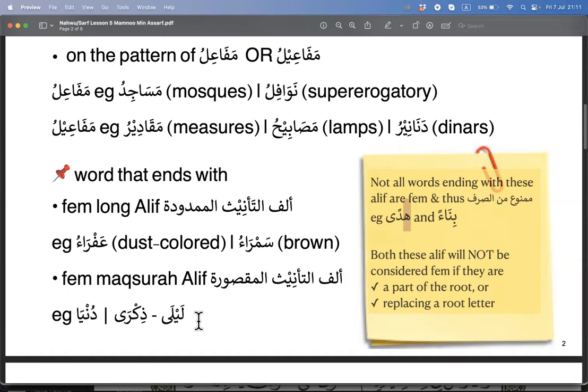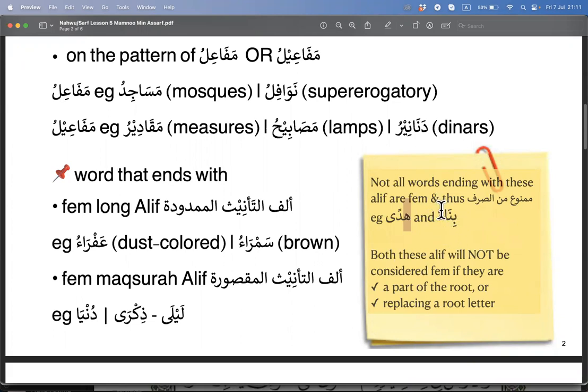Same thing for the mamduda. You see there are 3 letters before it, right? Sin, mim, ra. Ain, fa, ra. But the example I have here, binaan, right? Don't talk about the alif. So there's only ba, nun, right?